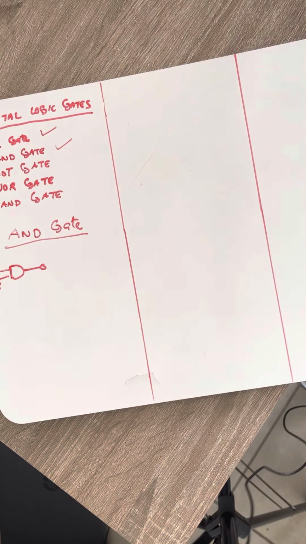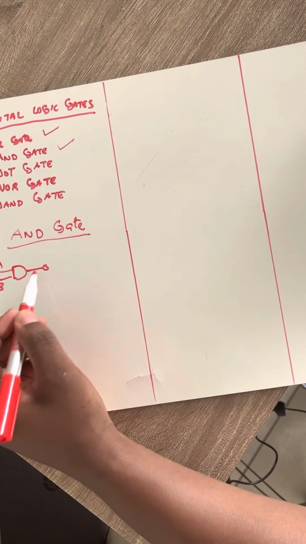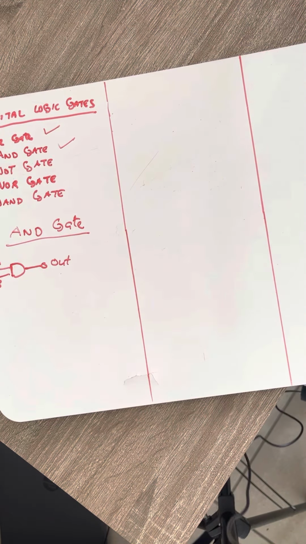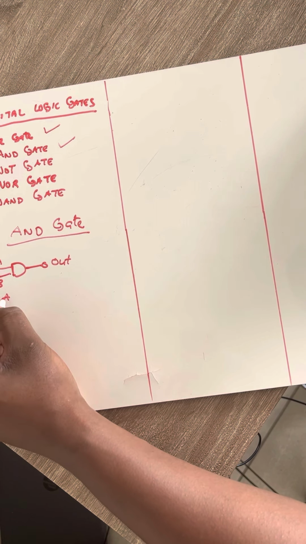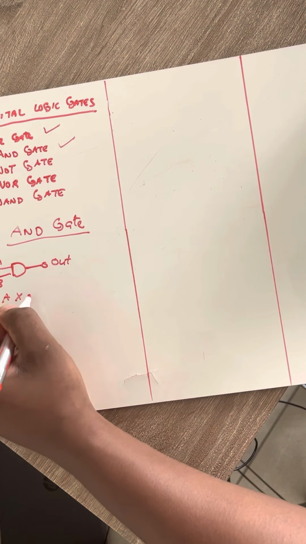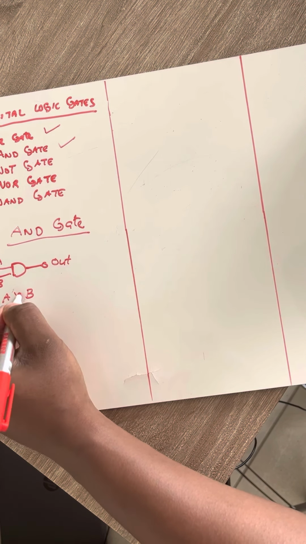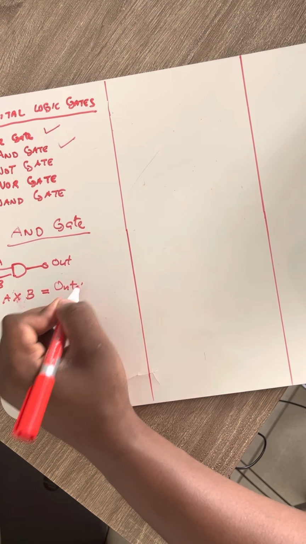The basic principle of an OR gate was that input A plus input B will give you an output. But on the AND gate, it's not A plus B. It's more like input A multiplied by input B gives you the output.